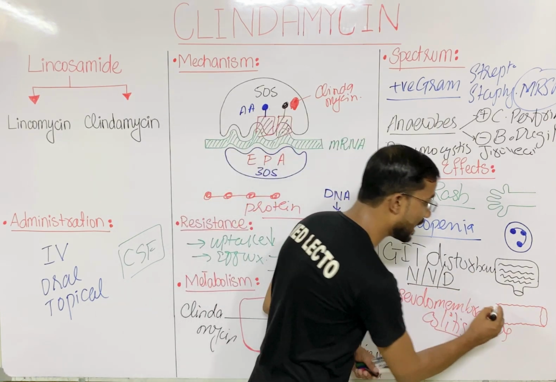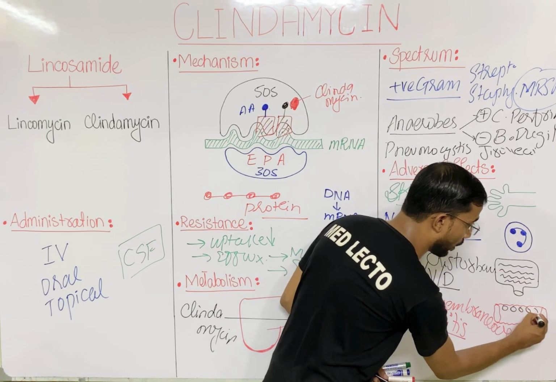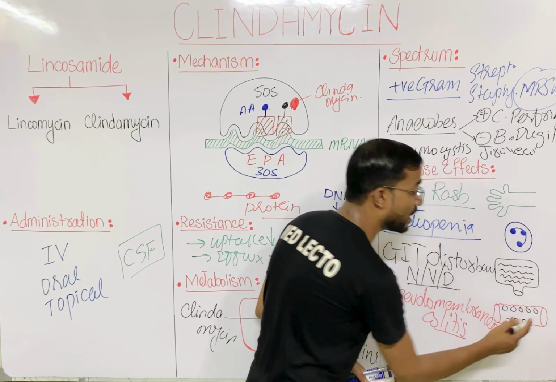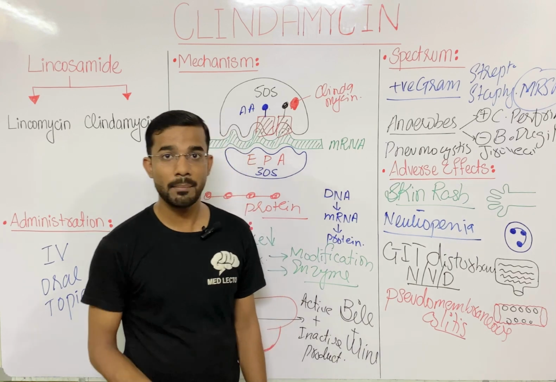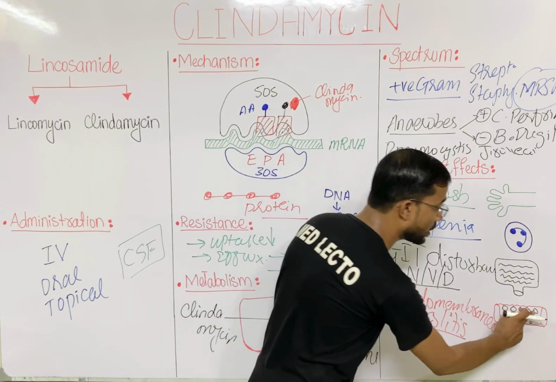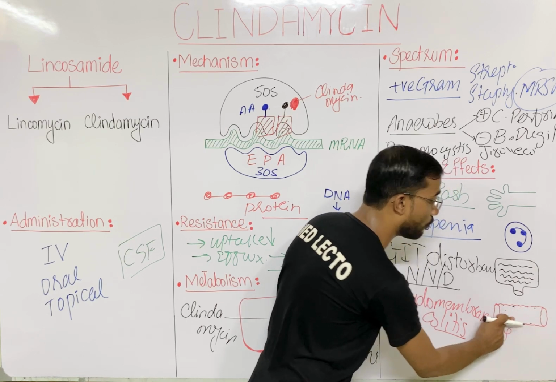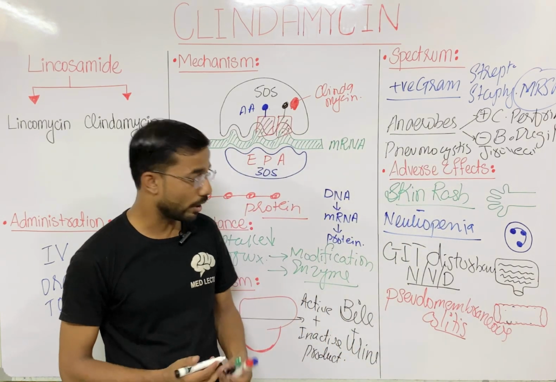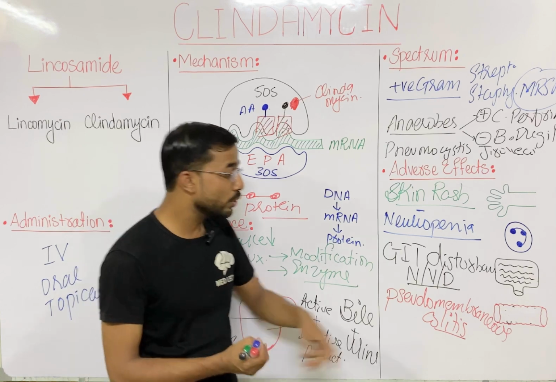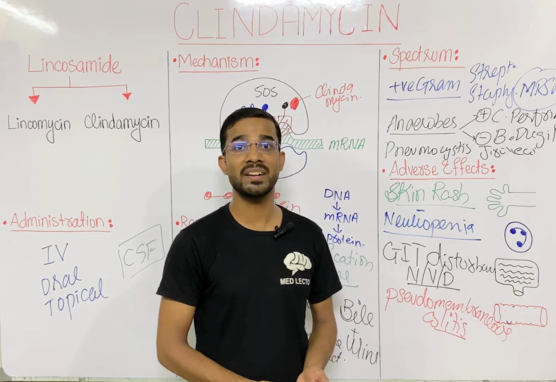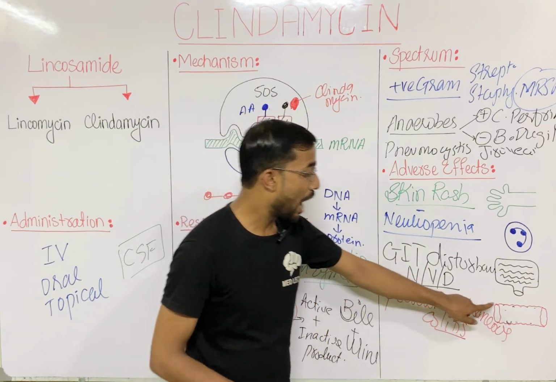If I say here is the presence of the normal flora in the intestine, if the patient takes the clindamycin, then the clindamycin inhibits or destroys the normal flora of our intestine.